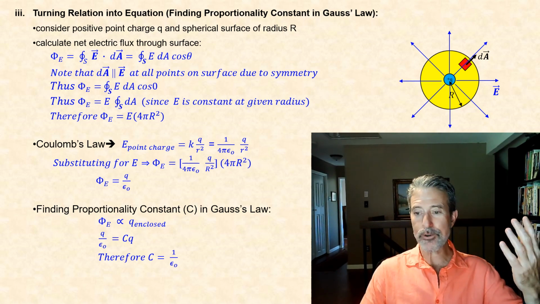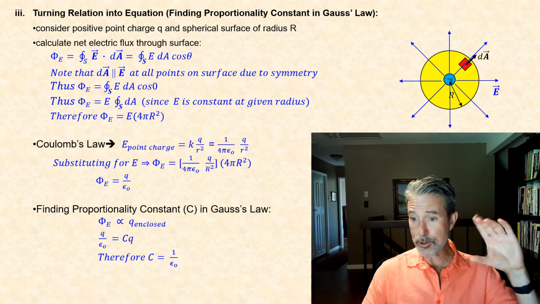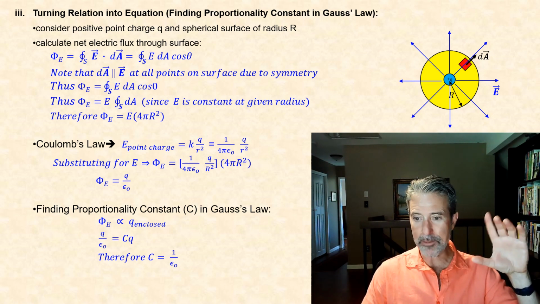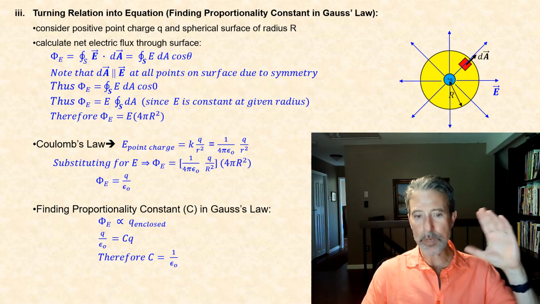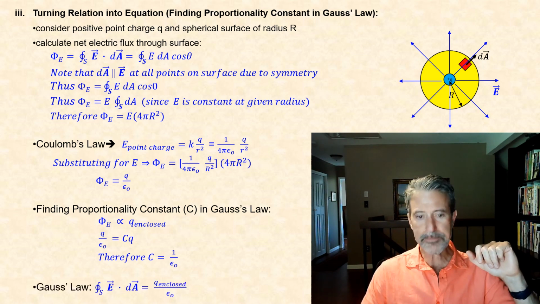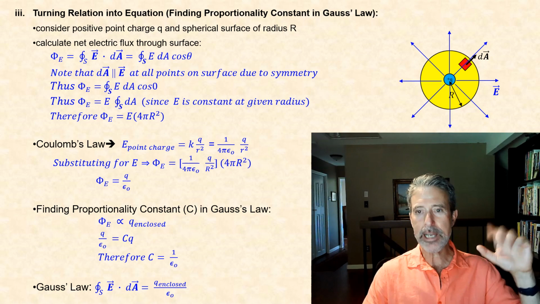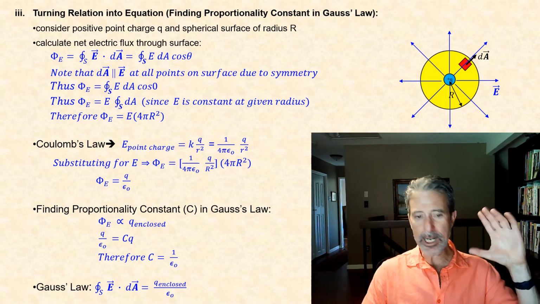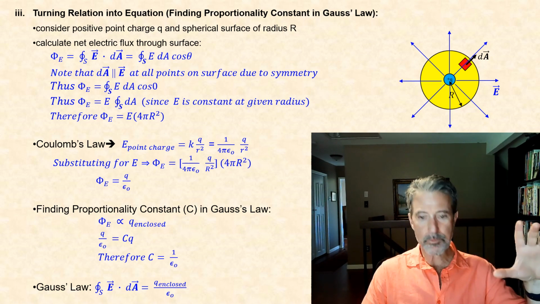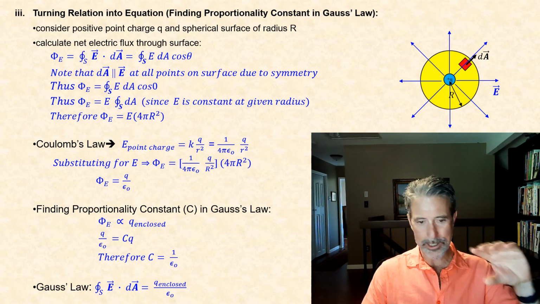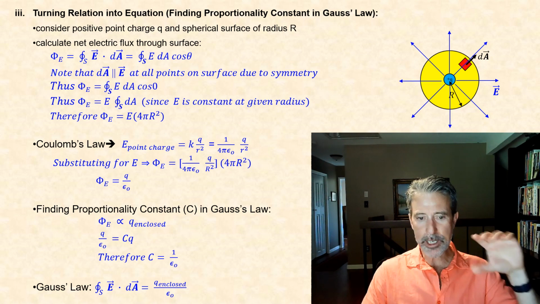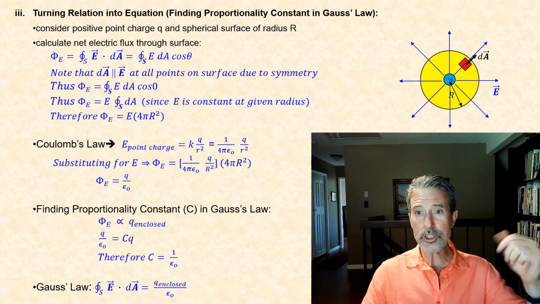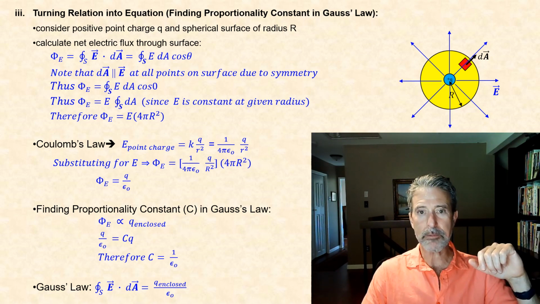So now we can turn our expression for Gauss's law written as a relation into an equation, since we know this proportionality constant. And we come up with our formal expression of Gauss's law. The net electric flux through a closed Gaussian surface, that's on the left-hand side, is equal to the charge enclosed by that Gaussian surface divided by this proportionality constant epsilon naught here.